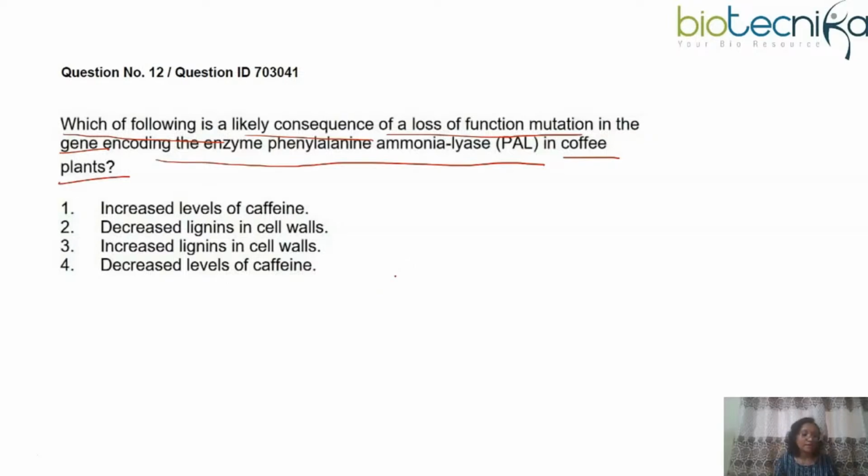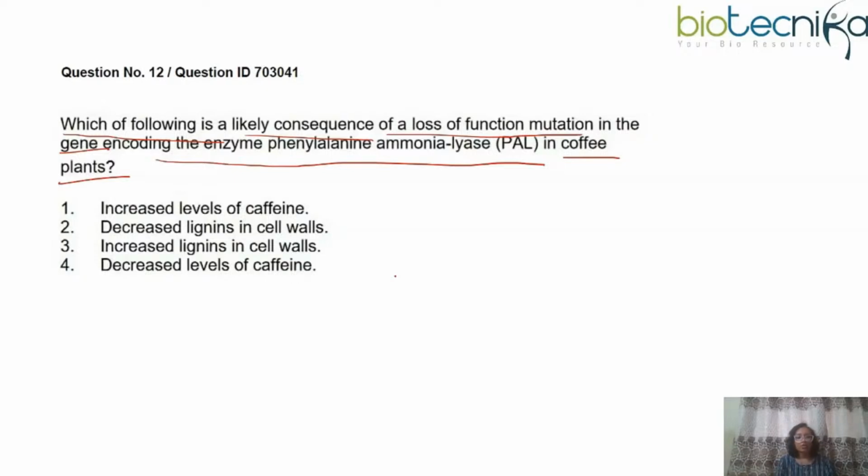This enzyme, you must have studied this in the second part of this topic of secondary metabolites, which is what? Phenylalanine derived compounds, phenylpropanoids or phenylalanine derived compounds.